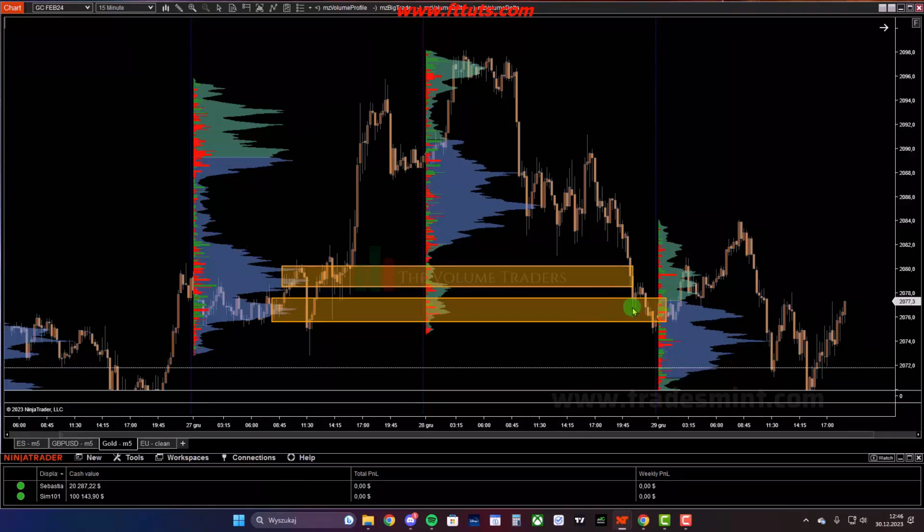It's the same with supply. When we have two supply areas very close to each other, it's a really high probability that the first is an invitation, and on the other zone the true big order is waiting to be filled. So that would be the first markup.